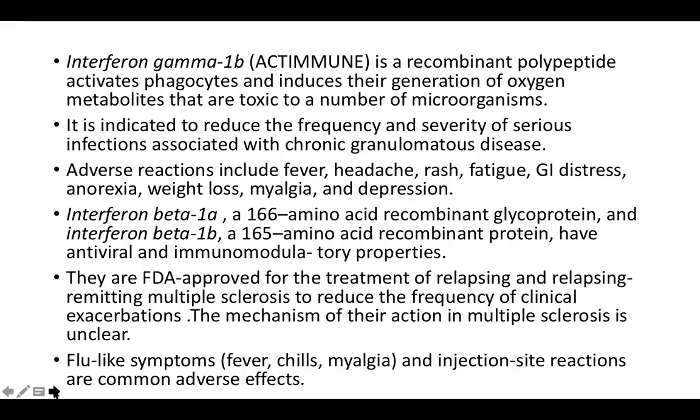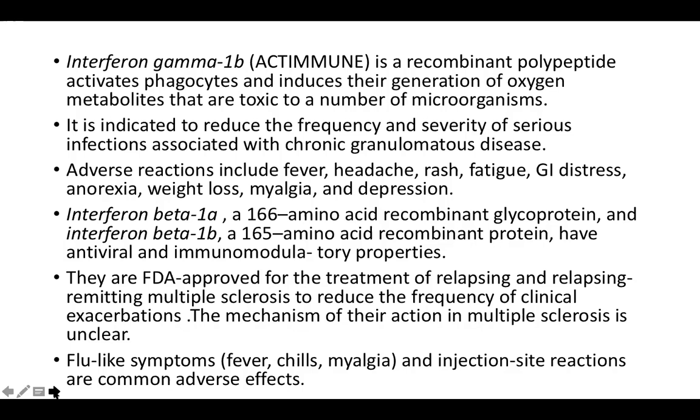Now, interferon beta 1a and interferon beta 1b. These are recombinant glycoproteins and proteins having antiviral and immunomodulatory properties. They are FDA approved for the treatment of relapsing and relapsing-remitting multiple sclerosis to reduce the frequency of clinical exacerbations.